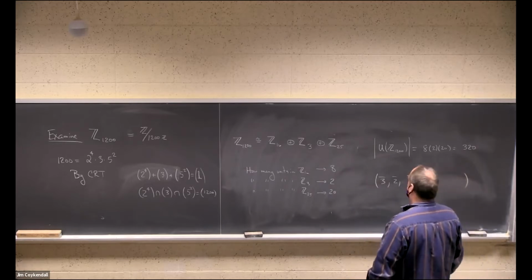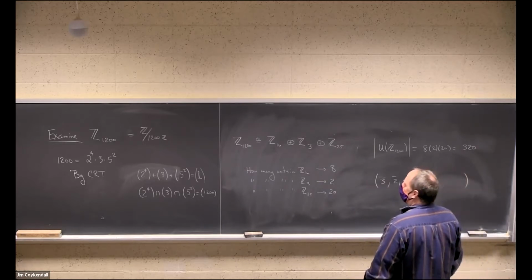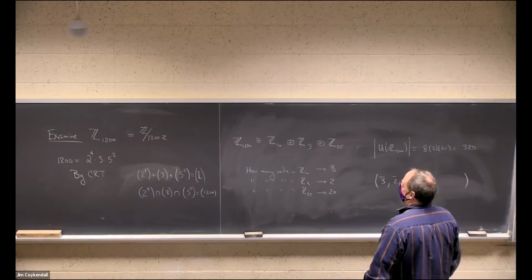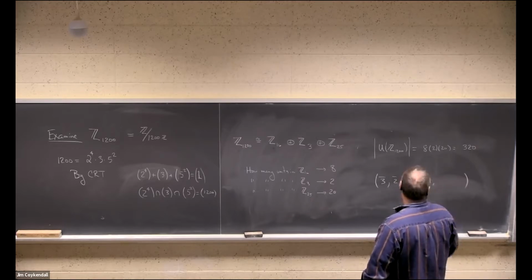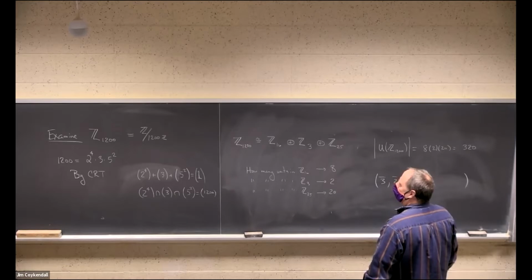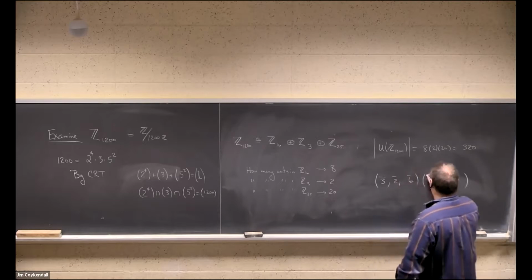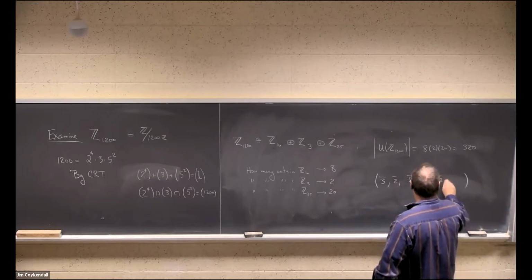So the inverse of 3 mod 16 should be, 3 times minus 5 is minus 15, which is 1. So it should be minus 5. And this should be 2.